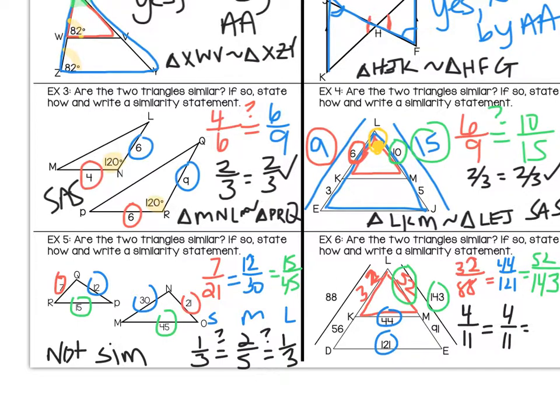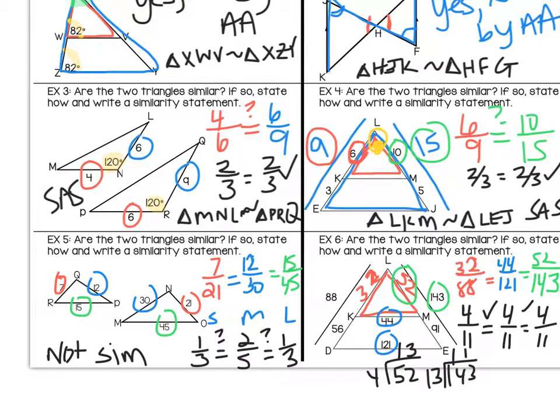Wouldn't it be really nice if I could reduce 52? So we're just going to see if this works out. Let's see if 143, and y'all have calculators, so you can do that. Yes, okay, so that is also going to reduce to 4 over 11.